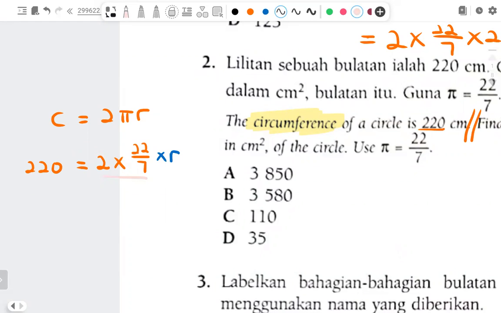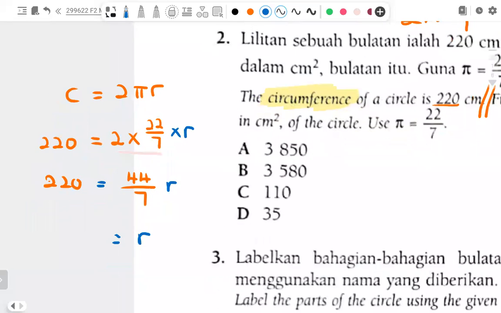Then only we find out the value of radius. 220 equal to 44 over 7 r. So r equal to, if you key in calculator, you can directly key in 220 divided by 44 over 7.